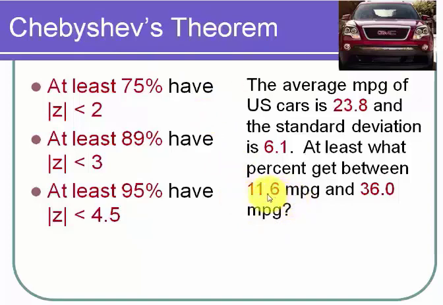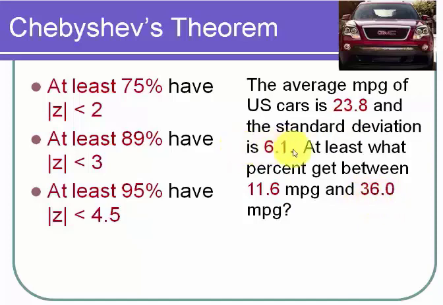So we can say that 11.6 is 2 standard deviations below 23.8. So notice that twice 6.1 is 12.2, and 23.8 minus 12.2 is 11.6. And 23.8 plus 12.2 is 36.0.